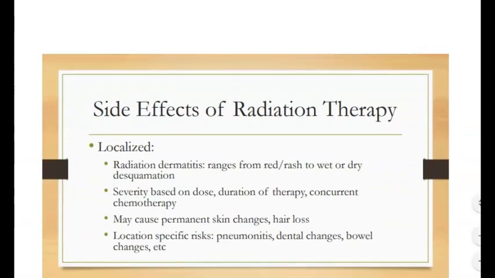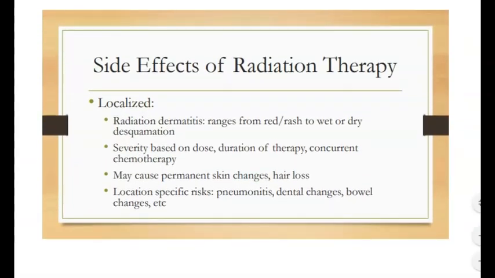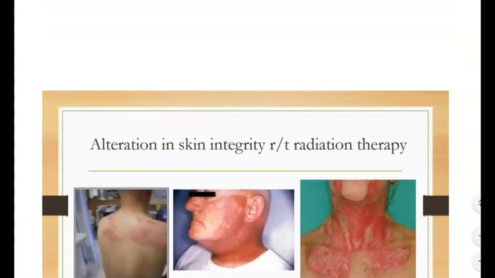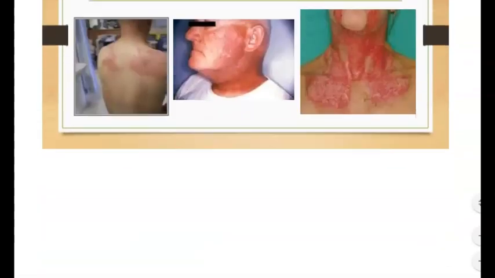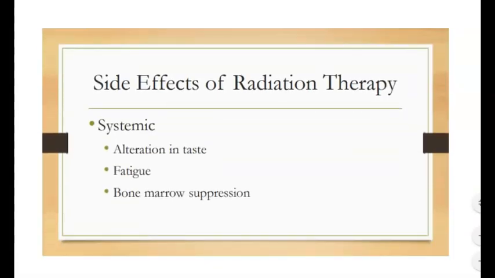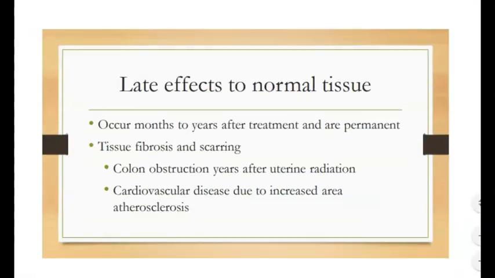Okay. Let's see. We talked about localized side effects of radiation therapy. We talked about dermatitis and desquamation. We talked about systemic risks associated with radiation. Okay. Late effects to normal tissue. Like I had mentioned, some of these radiation side effects happen right during the courses of radiation and for a short time thereafter until the radiation totally leaves the body.